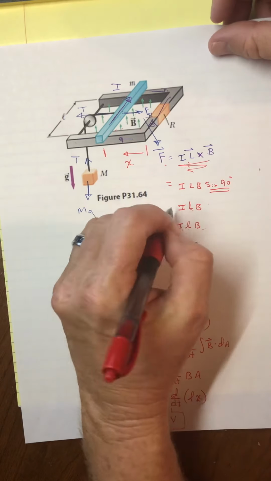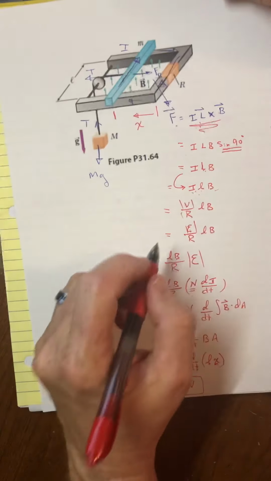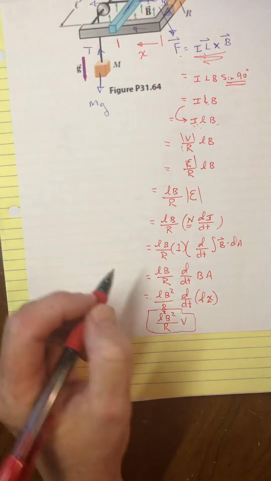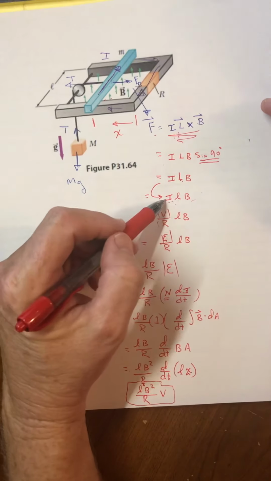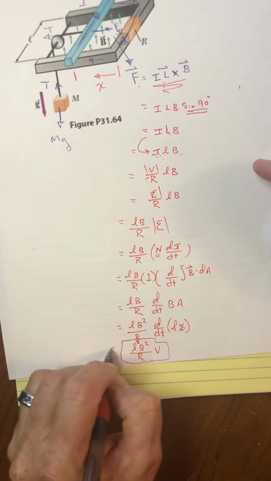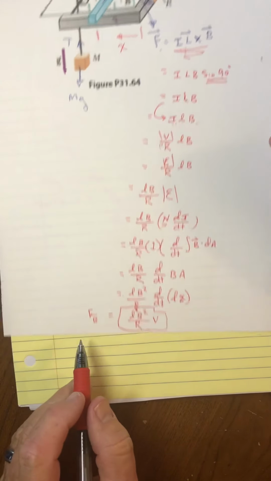I guess I didn't put equals all the way down, but this is what the magnetic force is equal to, after we put together chapter 29, chapter 27, and then this chapter 31, Faraday's law. All right, so this is what I was looking for.